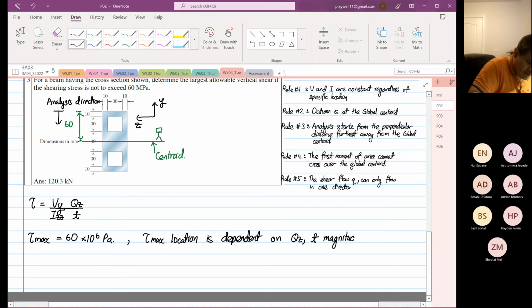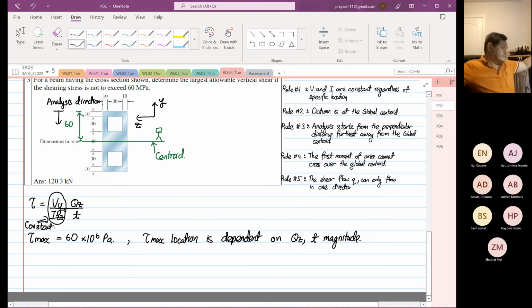I want you to focus on this. It is dependent on the first moment of area and thickness magnitude. So we know that Vy over Izz, regardless of the location that we're looking for, is always constant.